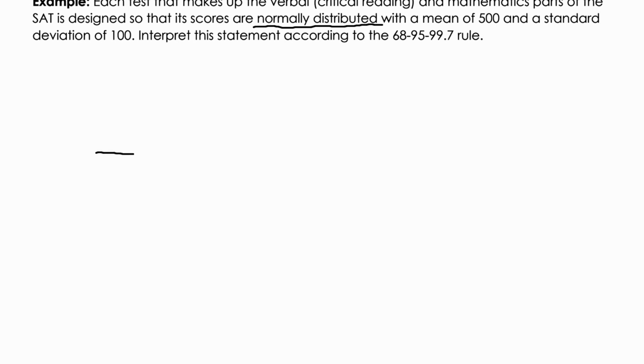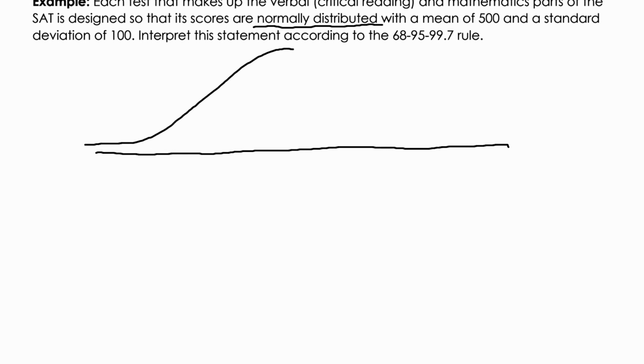So I apologize ahead of time because I'm a horrible artist, so you'll just have to visualize that this looks good. But here's our normal curve. The mean always goes in the middle, and it tells us here that the mean is 500. So that's our average test score, 500.